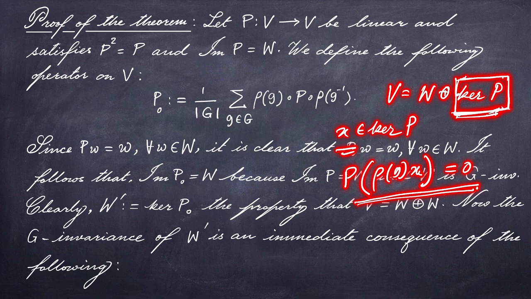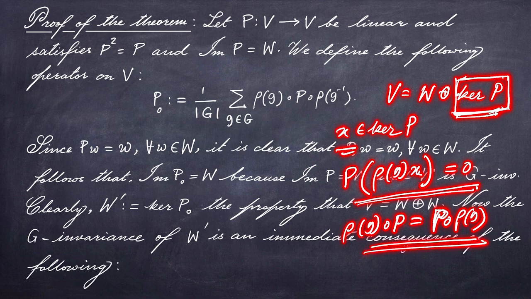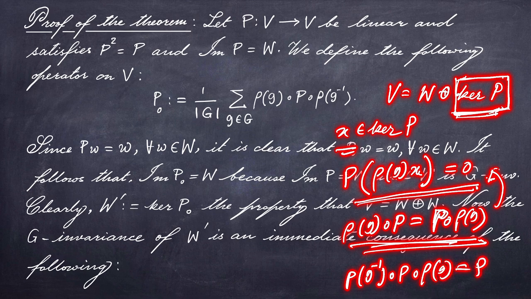However, we can observe that if we can guarantee P composed with rho G equals rho G composed with P for any G, then certainly this will imply this, and we will be done. This is equivalent to saying that rho G inverse P rho G is equal to P for every G.